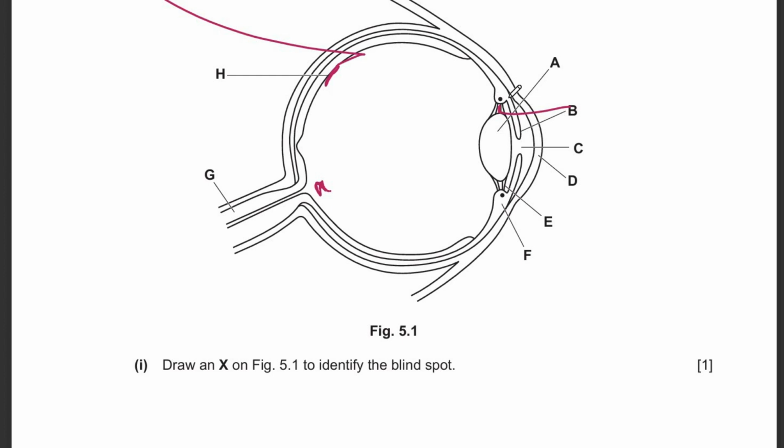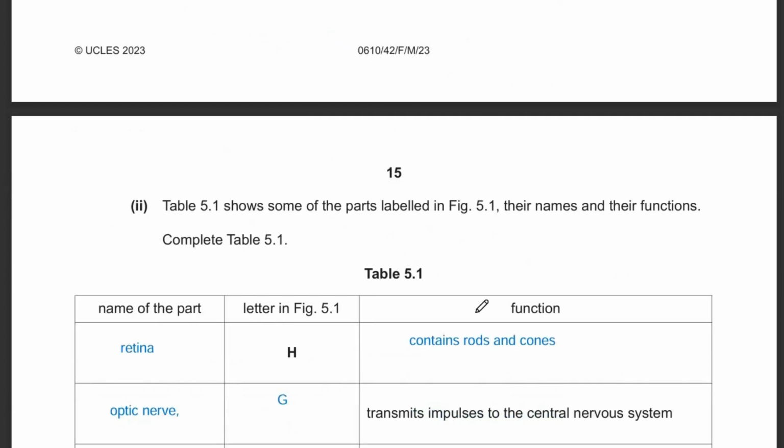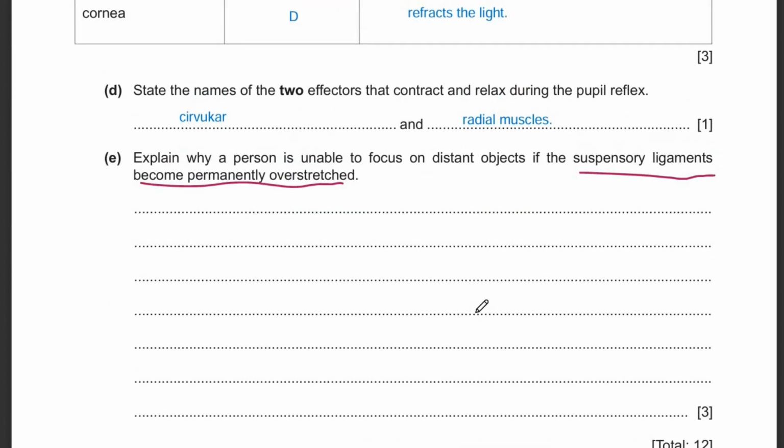So when the suspensory ligaments are overstretched, they can no longer become taut. Hence, what will happen? The lens will not be stretched and it will remain widened. Alright, and the angle of refraction will remain unchanged.